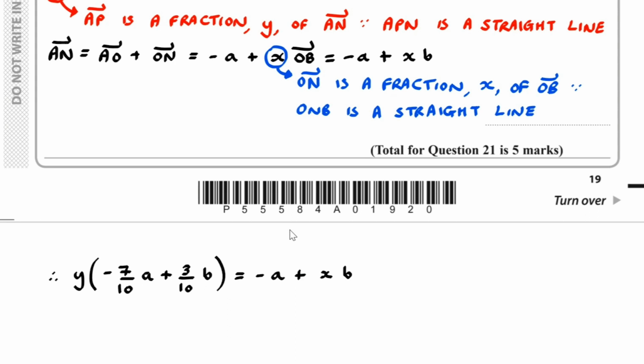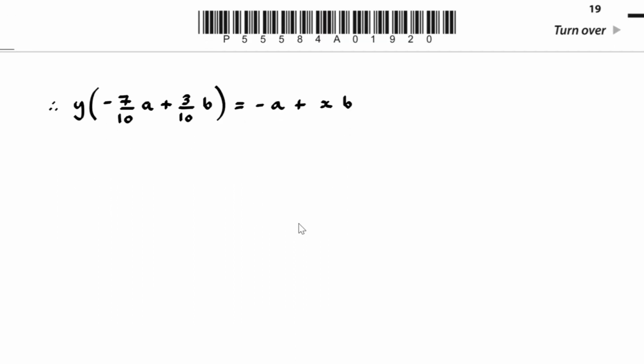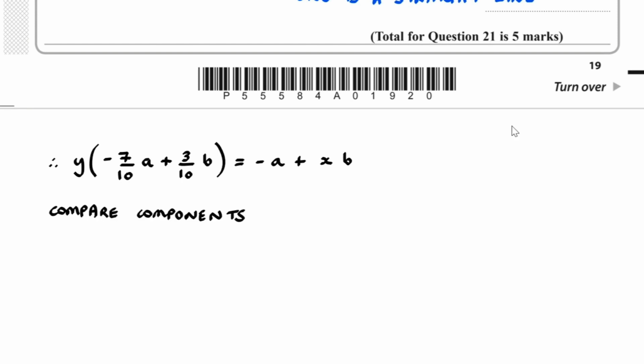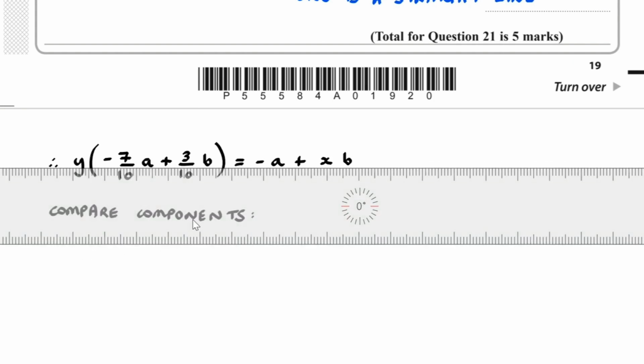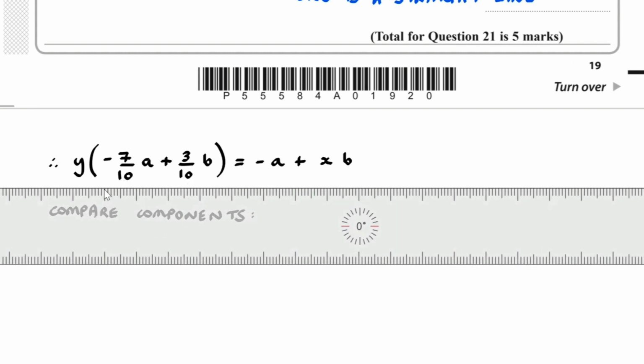And therefore, for me to find out what x and y are, we can compare components. So if we compare components, looking at the A component, we'll do this in green. What multiplies to give A?